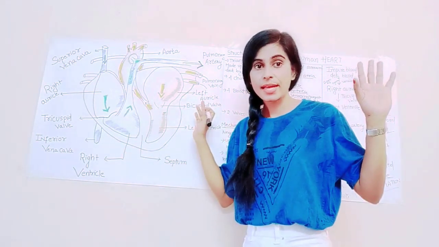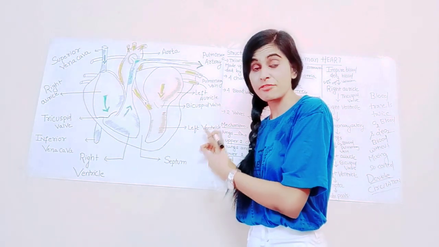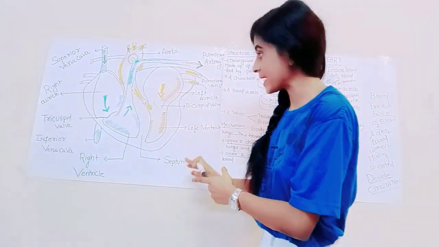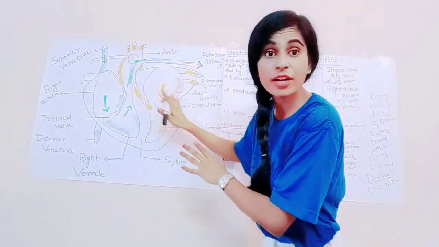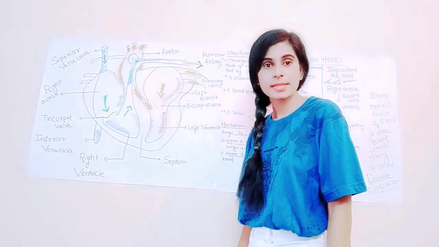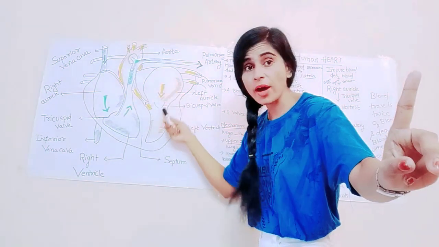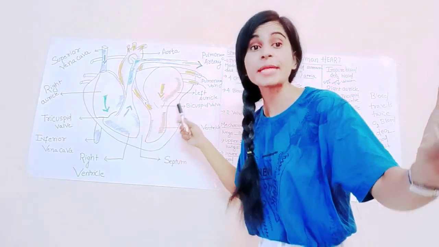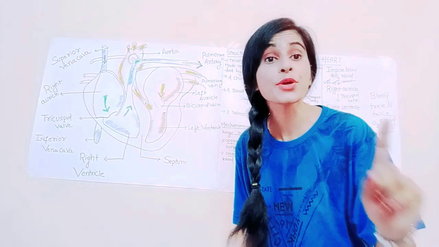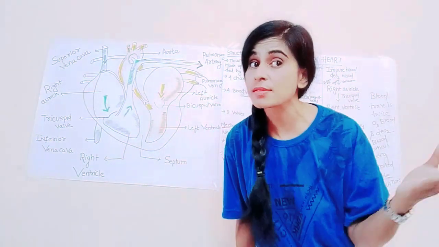Understood, guys? You can see the diagram very clearly. I have colored some parts orange and some parts blue. The first thing to remember is that the orange colored part denotes oxygenated blood, meaning blood that carries oxygen.